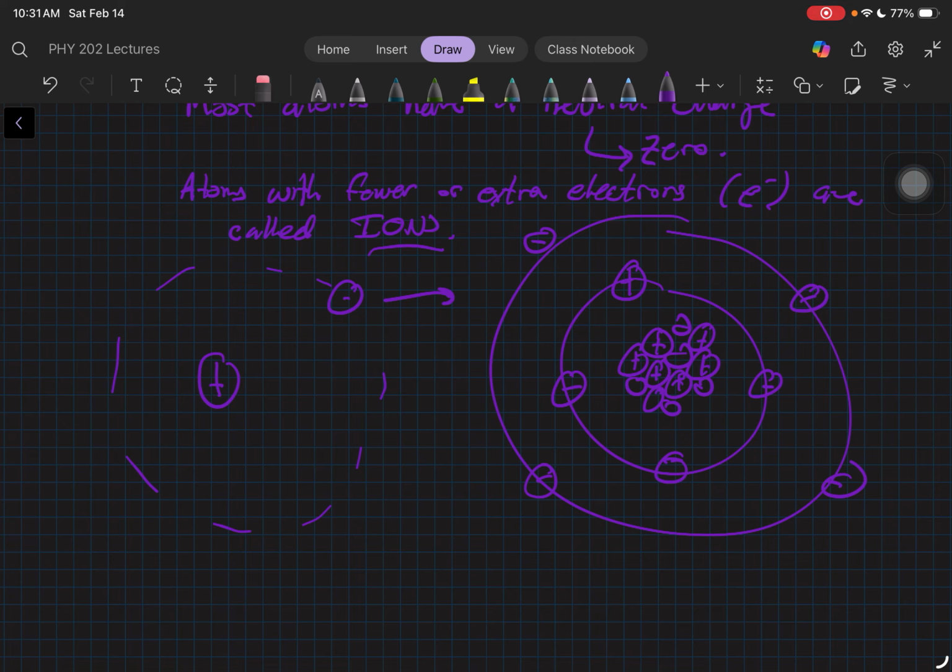One of these electrons on the edge can hop off slightly more easily than it would be to take something from the center and yank it out. That takes a whole lot of energy and rips apart the nucleus, versus some distant orbital electron that can easily hop off when no one's paying attention.